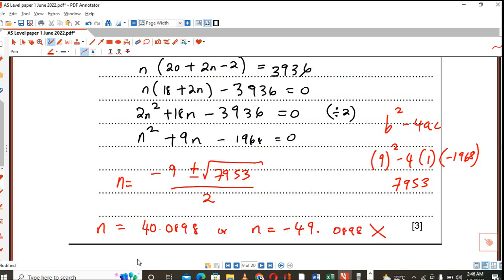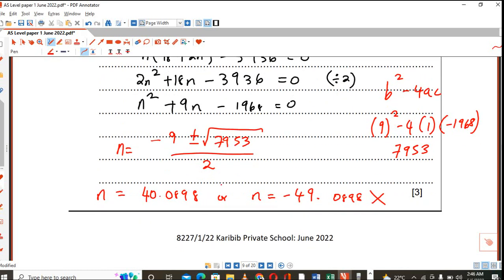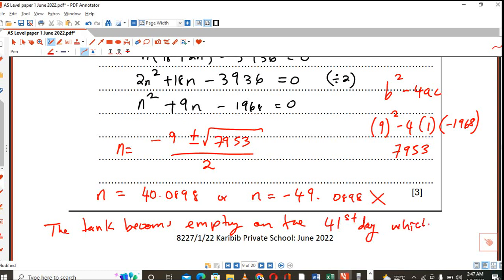Obviously, we are not going to consider that. Okay, so the tank becomes empty early on the 41st day, which is 40 days after filling.